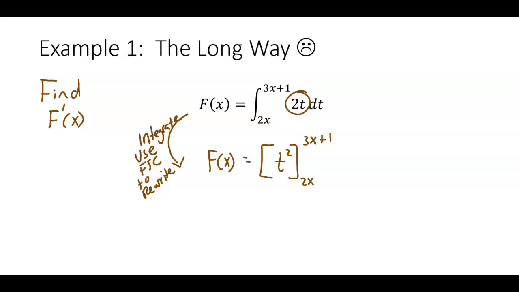Next, we're going to continue doing the fundamental theorem of calculus, and that's where you write the t squared twice, once where you plug in the upper limit, and once where you plug in the lower limit. Okay? Now, you could simplify these if you wanted to by doing 3x squared plus 1 squared, and then you could do 2x squared.